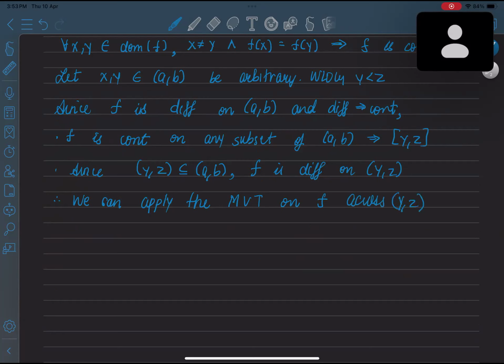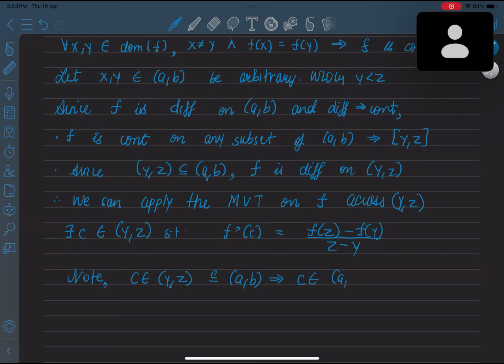And therefore, you could say that there exists a c belonging to this interval (y, z) such that f'(c) is equal to (f(z) minus f(y)) over (z minus y). And note that c belongs to (y, z), which is a subset of (a, b), and therefore c belongs to (a, b).